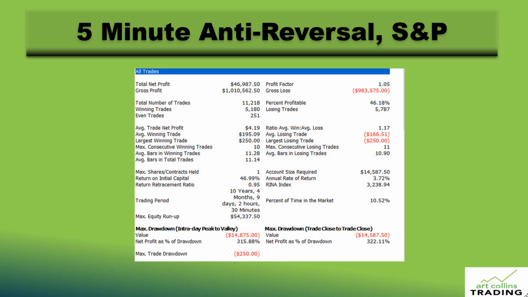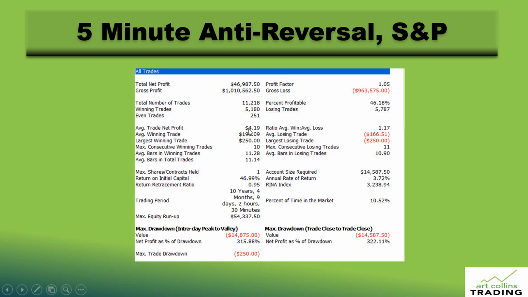There you have it. 11,218 trades. That's the first thing I want you to notice. Not some fluke signal. $46,987. This is from the beginning of 2010 through May 15th, 2020.